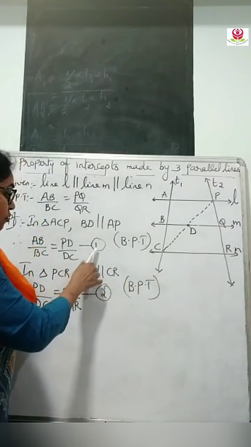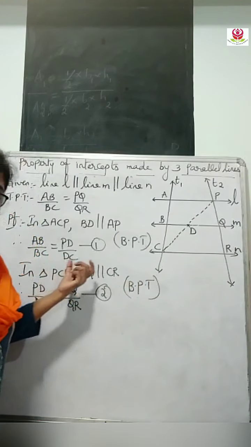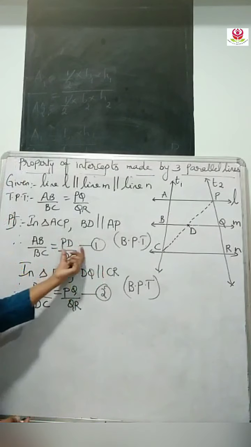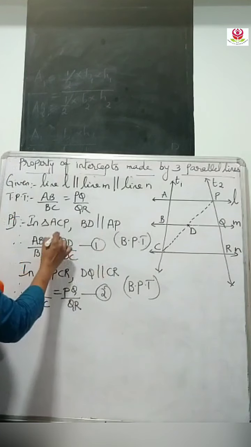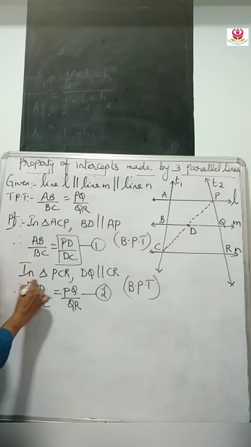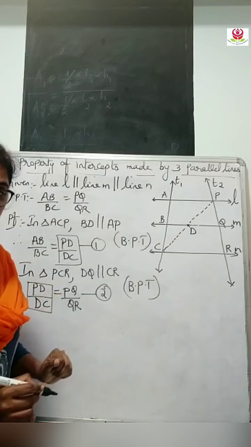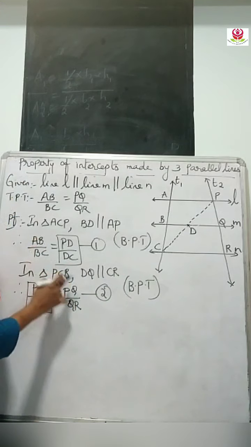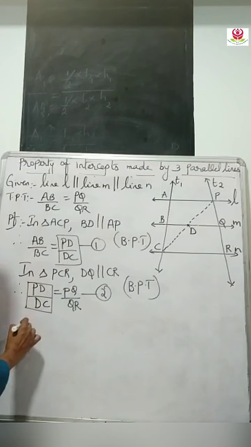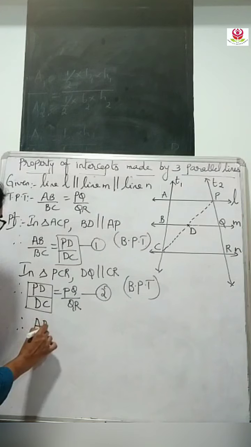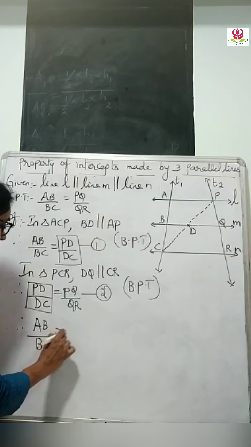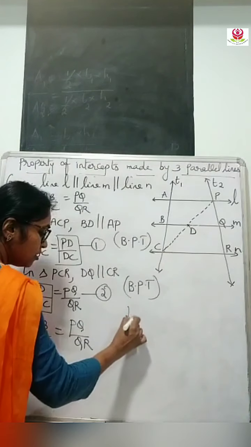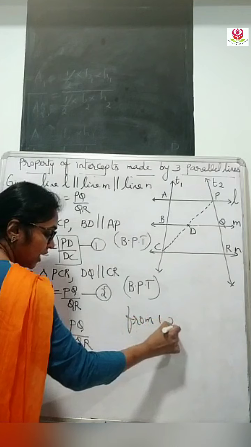Now if you compare equation 1 and 2, observe them carefully. We can see that PD upon DC is common in both the equations, which means that you can conclude that AB upon BC is equal to PQ upon QR, and the reason is from step number 1 and 2.